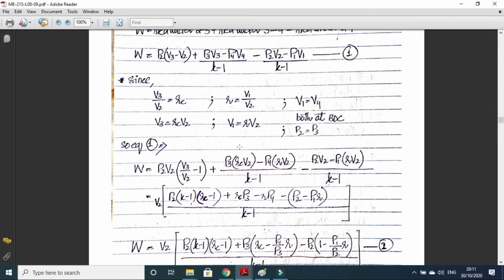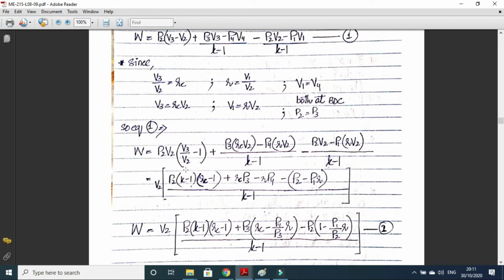Here what we have done is replaced V3 with rc V2, and V4 is actually V1, r V2. Now P2 V2 is left like this, it's not changed. And for V1 we have replaced r V2. Then we can take V2 common, because V2 is occurring in every term.